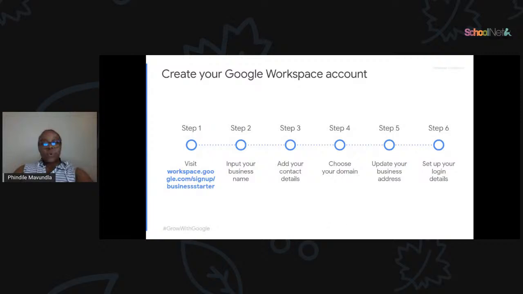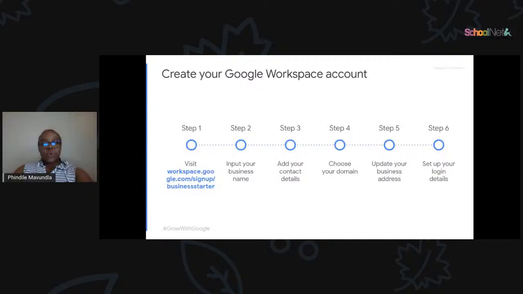Okay, so to create your Google Workspace account, you need to visit the link over there, workspace.google.com/signup/business. Once you've done this, click on get started and follow the steps that follow after that.